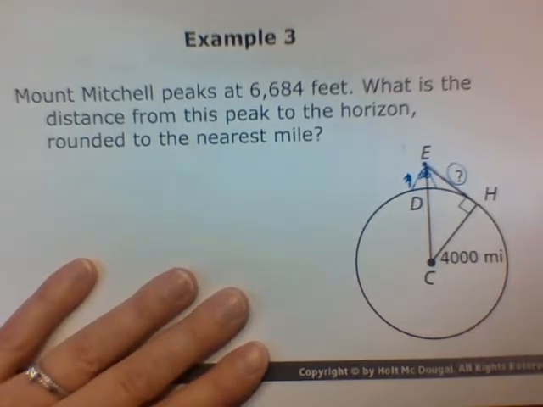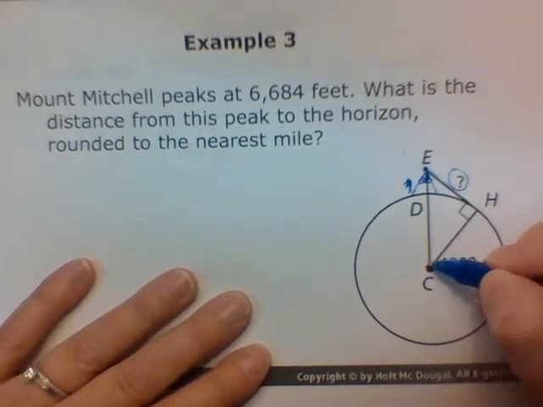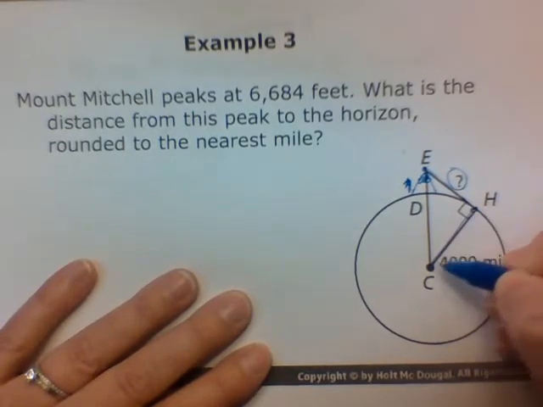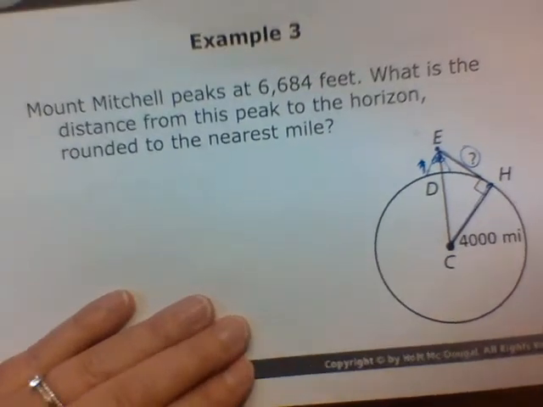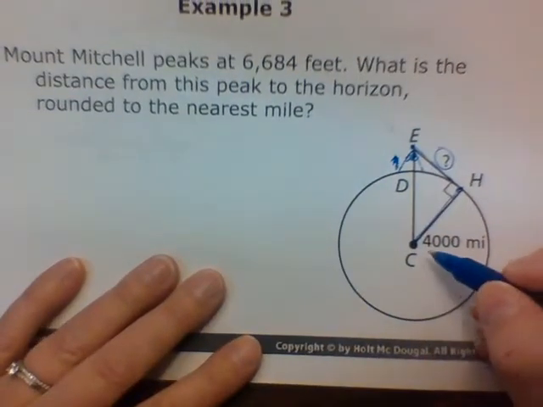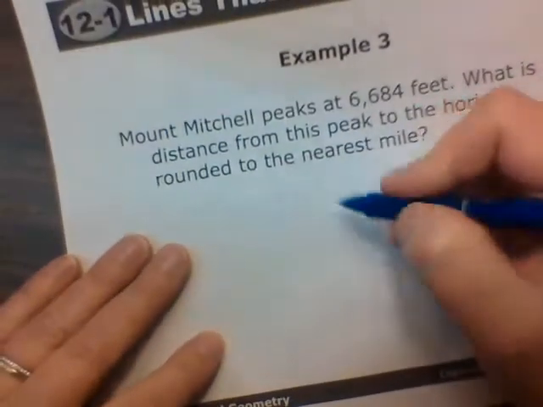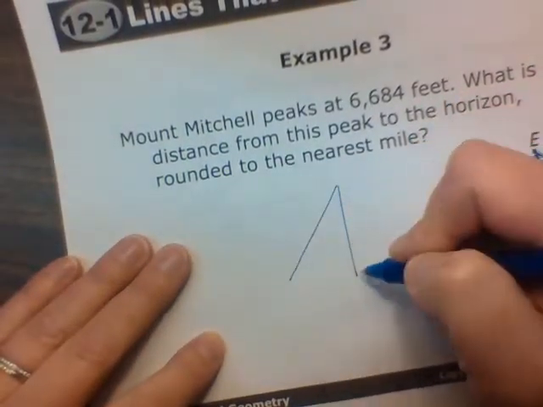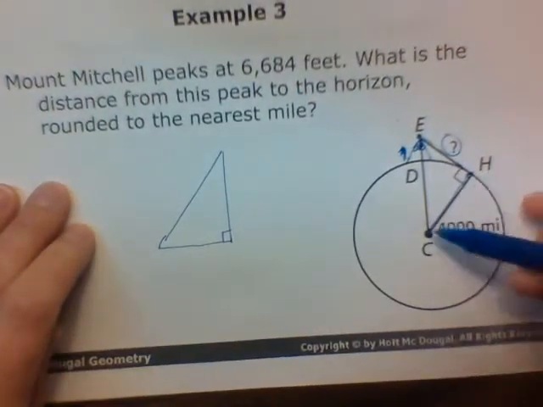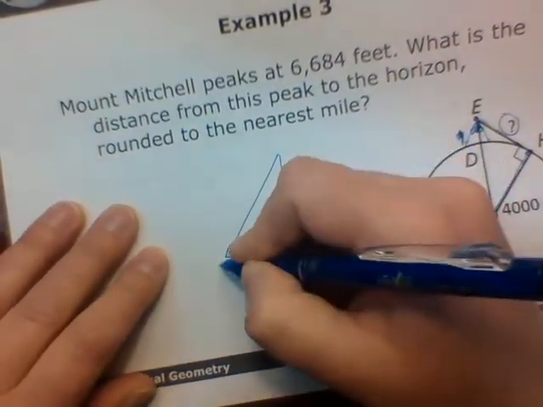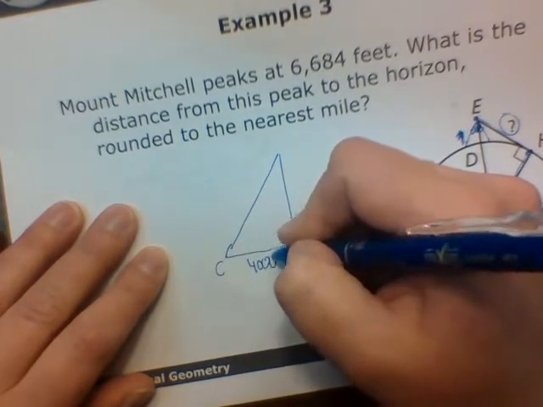All right, and they've given you some information here. If you didn't know, the distance to the center of the Earth is about 4,000 miles. I'm sure it's got a decimal in it, but we're getting less creative and specific today. So 4,000 miles to the center of the Earth, which means that if we draw this right triangle, from H to C, we have 4,000.